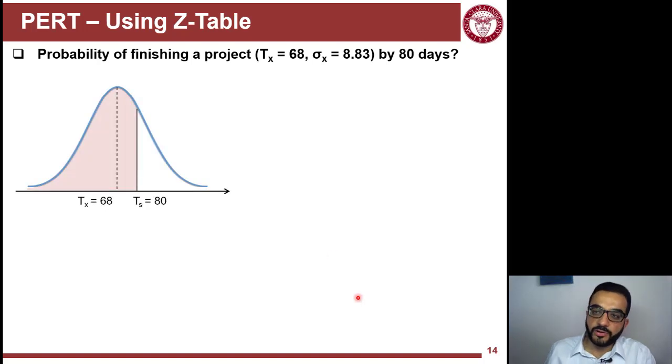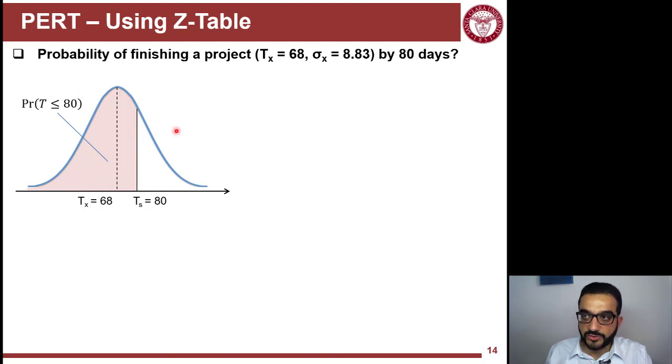So if I represent the normal distribution of this project, it's 68 with spread of the bell shape based on sigma equal to 8.83, and my deadline here is 80 days. So how to calculate the probability under the curve here, which is the probability that t is less than or equal to 80, or being able to finish by this deadline.